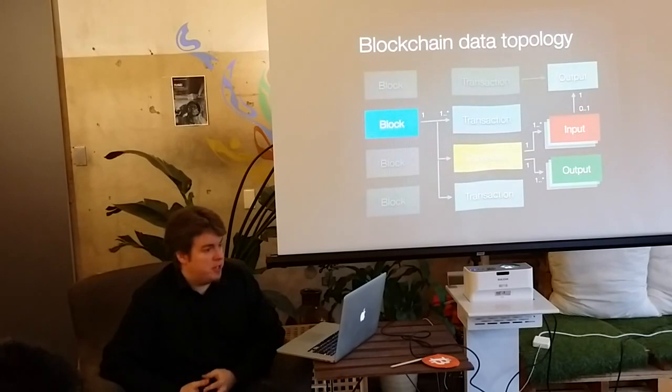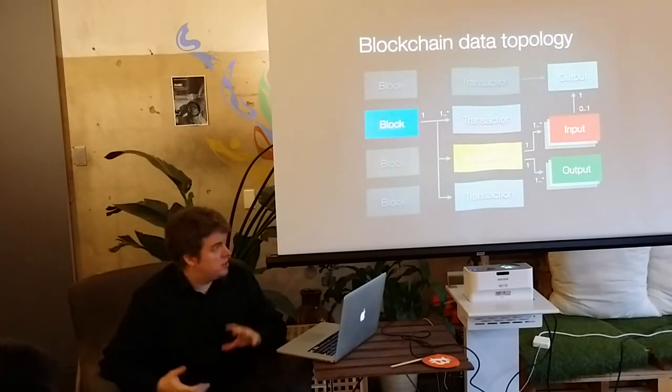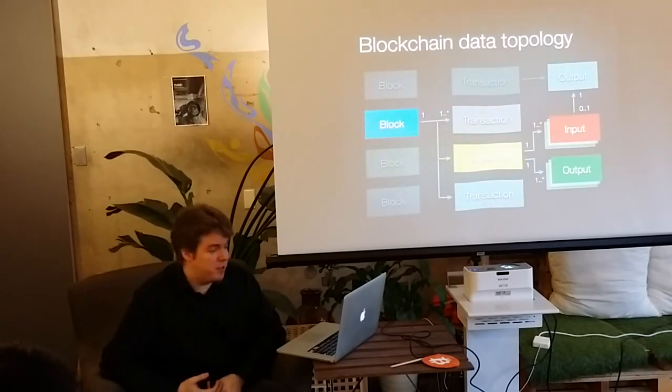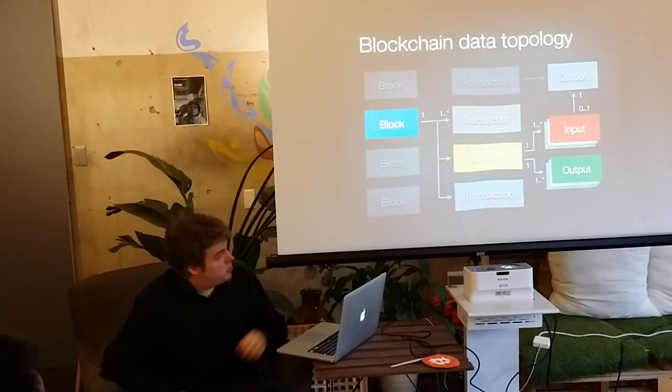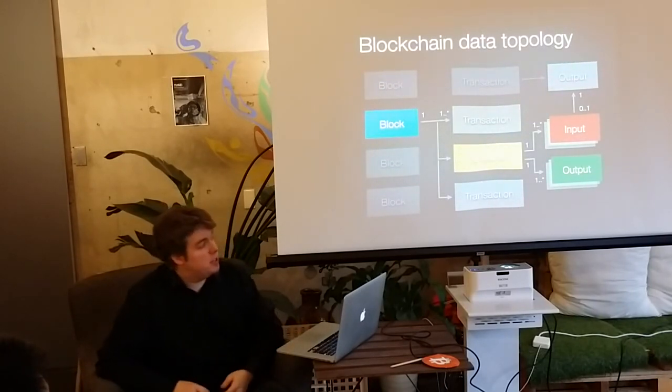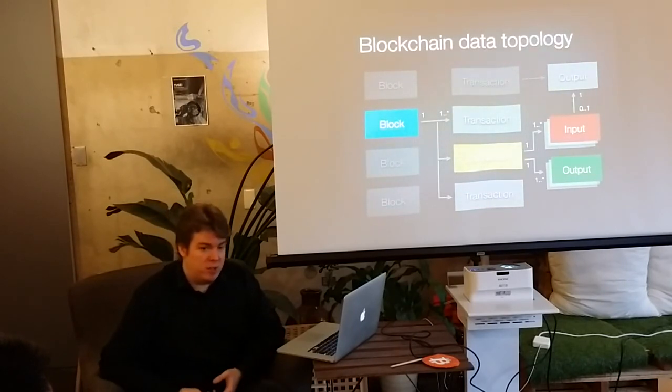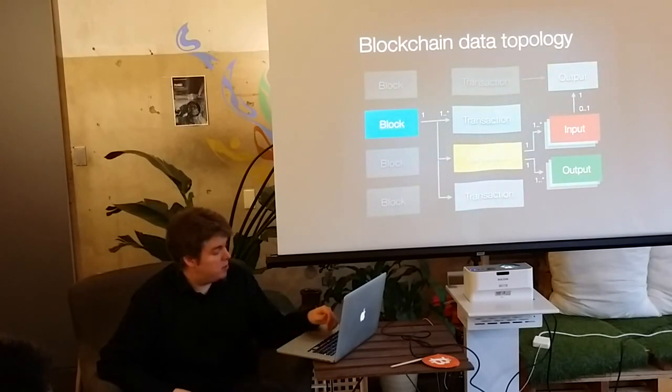Each output might also have a corresponding input where it's spent. So that's what the database has to hold if we're going to try to build a queryable database out of this. In addition, each output, that didn't fit on the slide, might also be associated with one wallet address that we know about, if it's a standard transaction where we can decode the script.